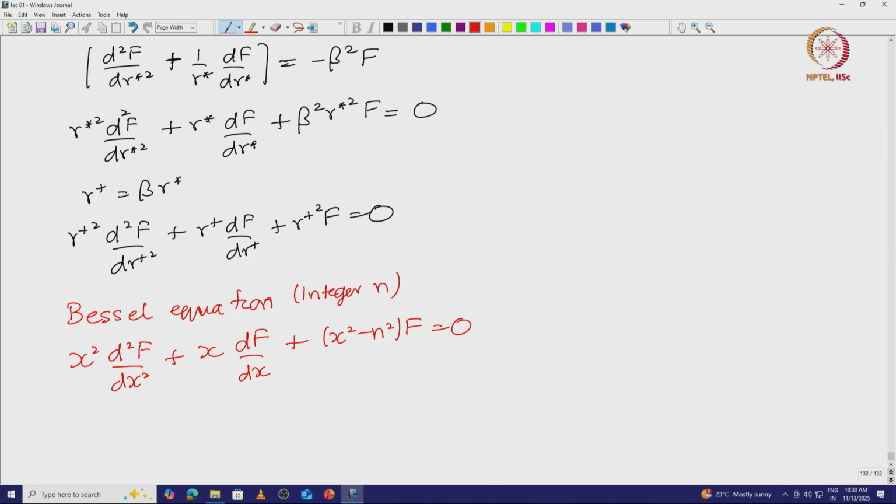This is the Bessel equation for integer values of n. This one is a special case of the Bessel equation for n is equal to 0. The solution for the Bessel equation is f is equal to a times J n of x plus b times Y n of x. These J n and Y n are two different functions which I will discuss in a little while.